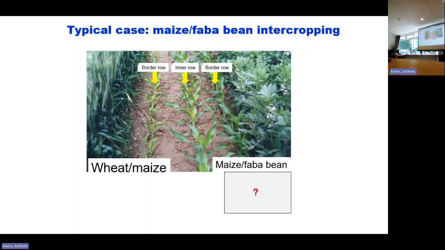Also, below ground, the wheat root system is very large and very competitive with the maize. But when maize neighbors fava bean, the maize grows better than the inner row maize. So we think maybe something is going on underground.